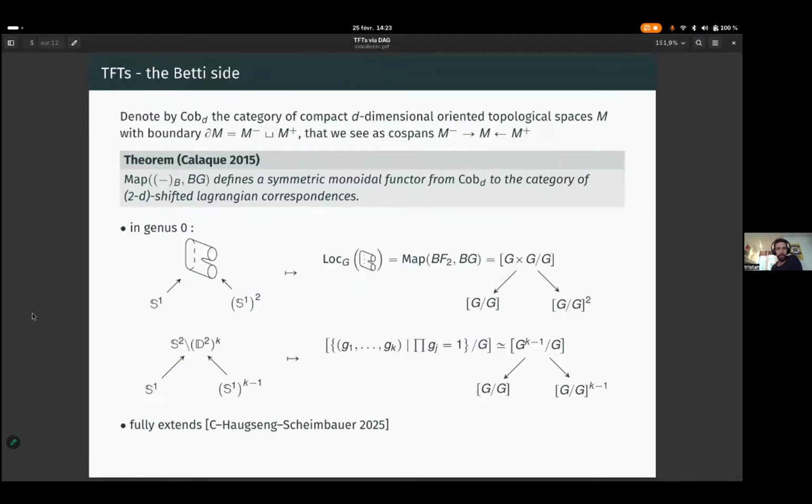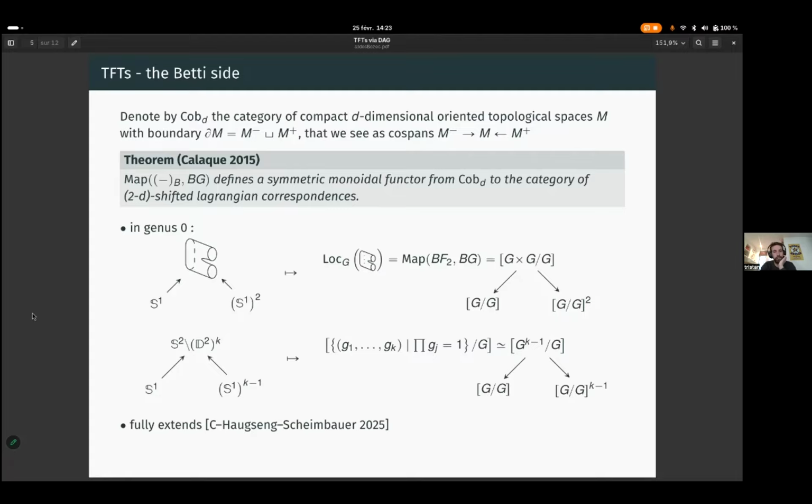So here I consider Cob_d, the category of compact d-dimensional oriented topological spaces, considering as prescribed two pieces of the boundary, one labeled by minus, the other by plus, so that I have actually a cospan. Okay, it's a bit artificial, but that's going to be what allows me to compose stuff in the target category.